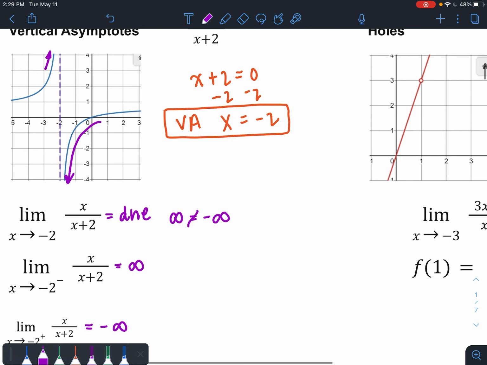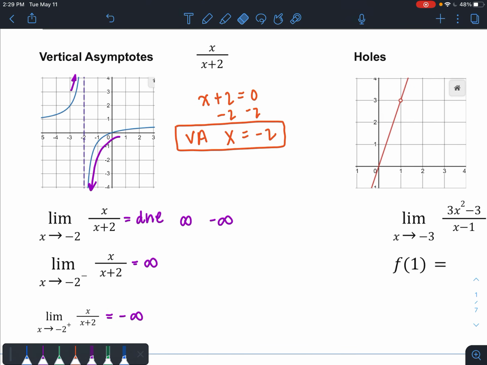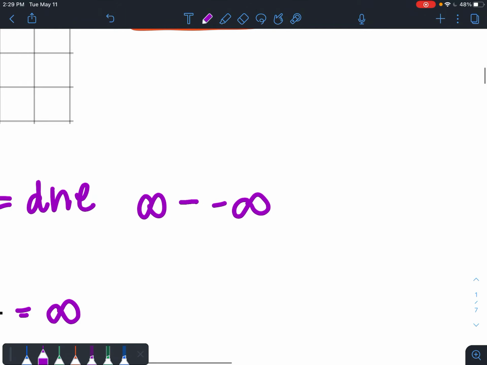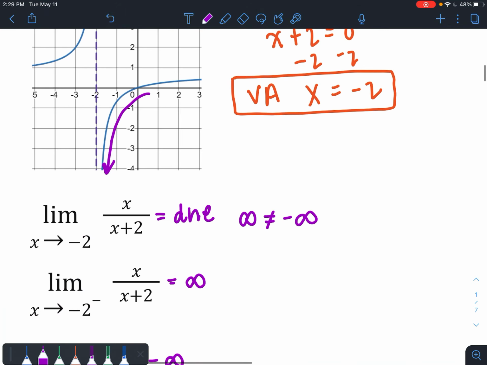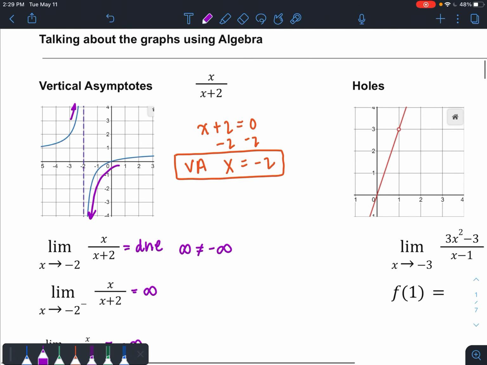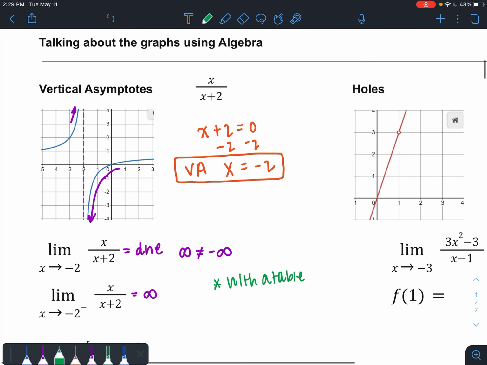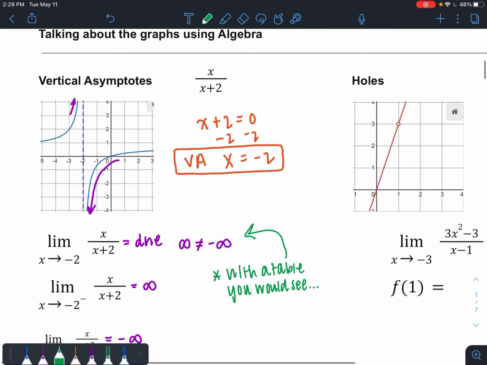There's no simplifying; the limit just doesn't exist there. If we were to create a table, like we talked about before, you would see it approaching infinity and negative infinity.